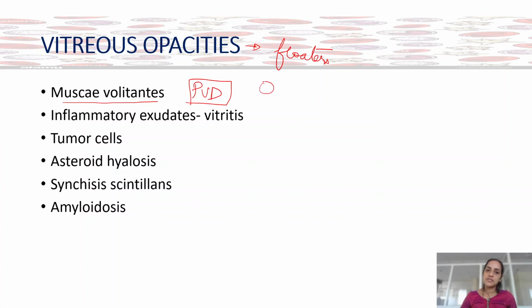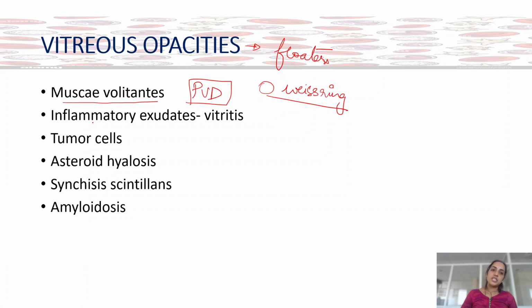The patient perceives a circular shadow which they often describe as a cobweb that moves with the direction of the eye. On examination, we see a ring right in front of the optic nerve, and we call it Weiss's ring. So posterior vitreous detachment is a benign condition and it doesn't need any treatment.